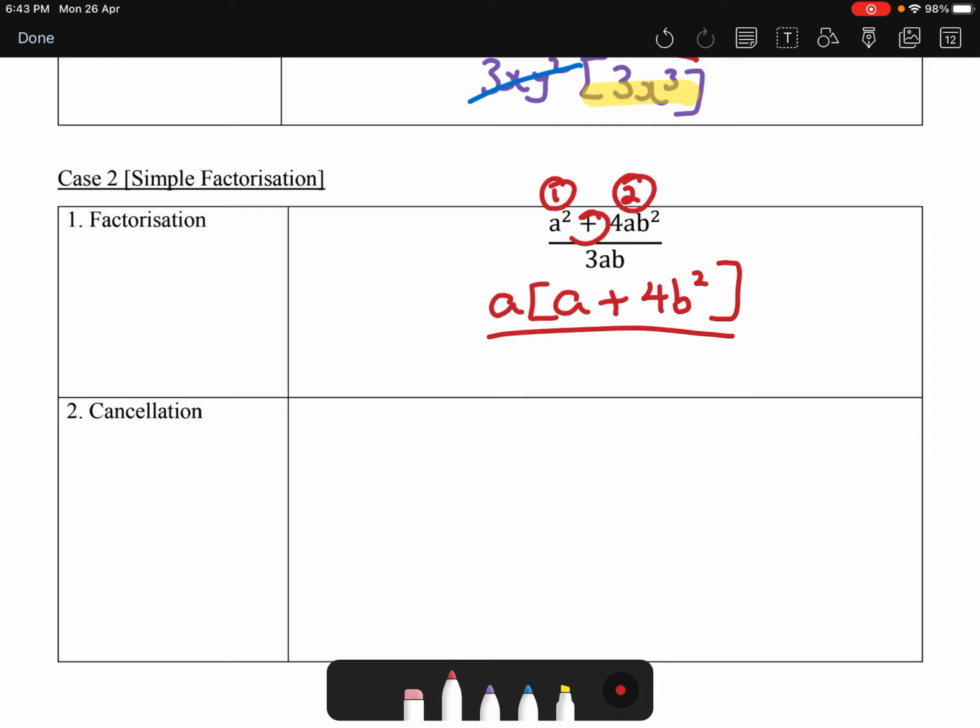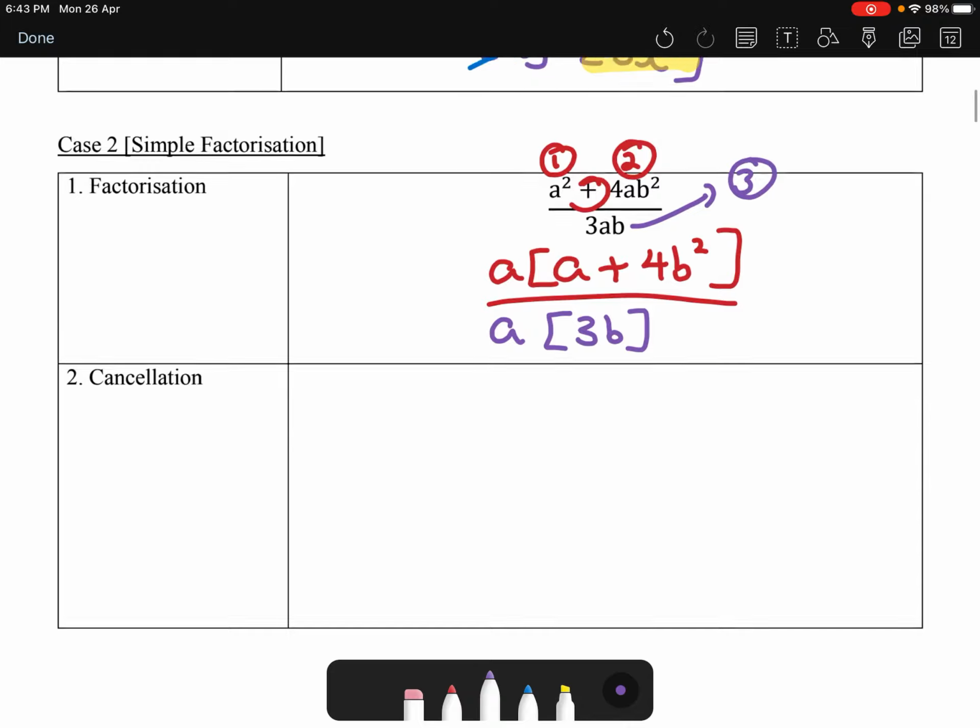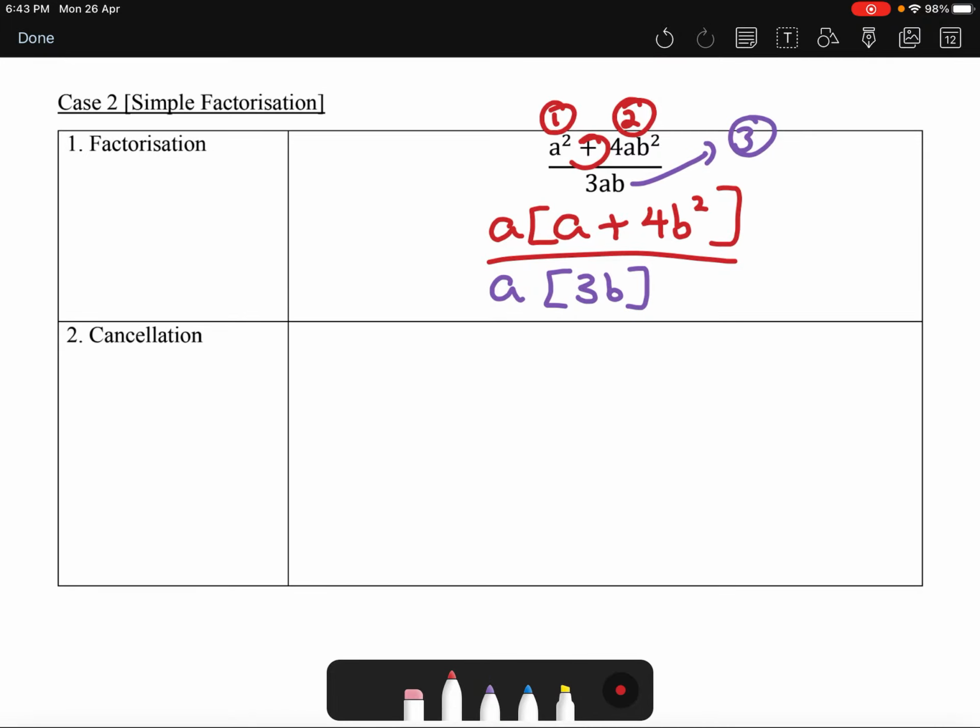Same thing for the bottom term, or the third term in this context, we factorize out a also. What is left for the third term is 3b, because you take out a already, right? So what is left for the third term is just 3 and b. Next you do your cancellation.